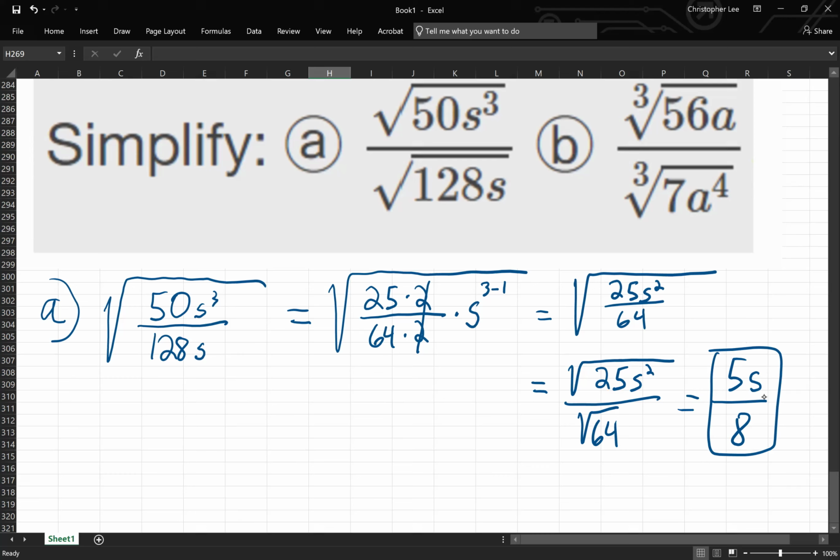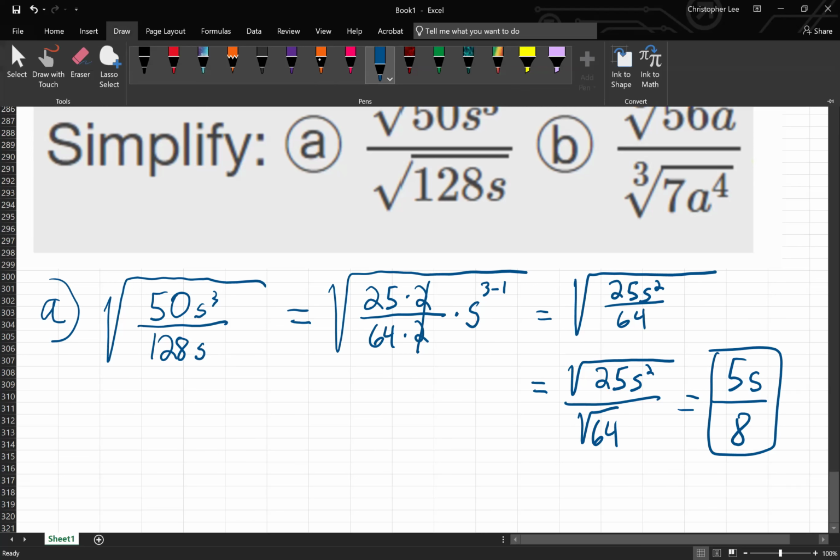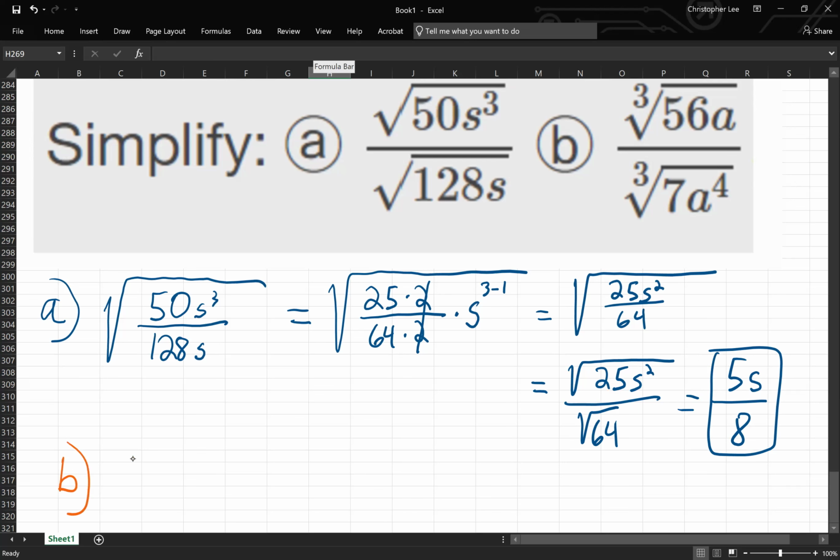And then B, let me change the color real quick. B is going to be the cube root of 56a all divided by the cube root of 7a to the fourth power, right?